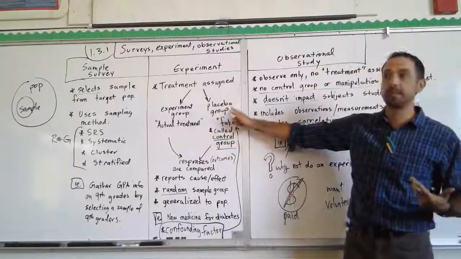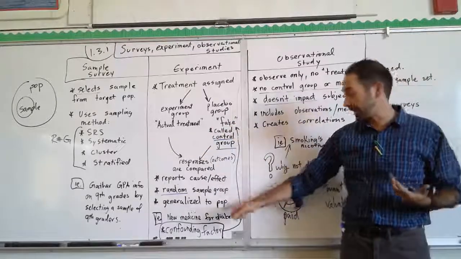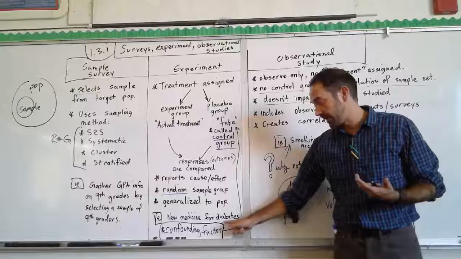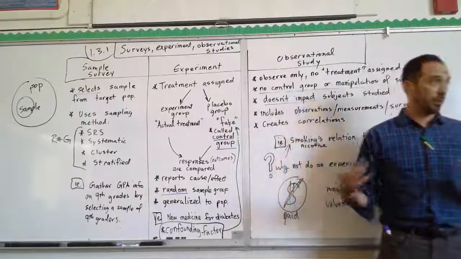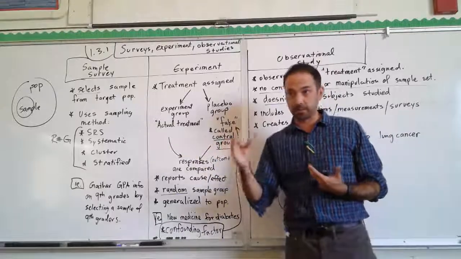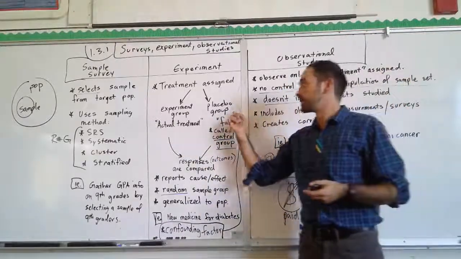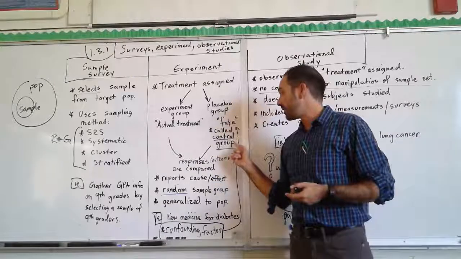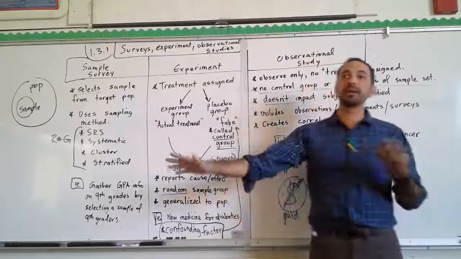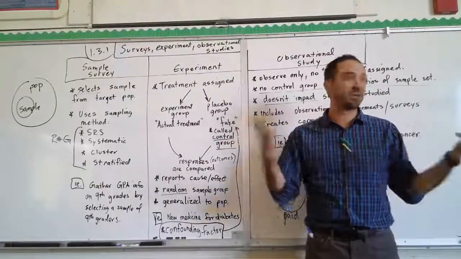That's the fake one. If it was a new medicine for diabetics, the experiment group actually gets the treatment. They actually get the pill or medicine every day, however it's administered. There's the placebo group that would be our control group, and they would not get the medicine. Nobody knows which one they're in. You don't know what group you're in.